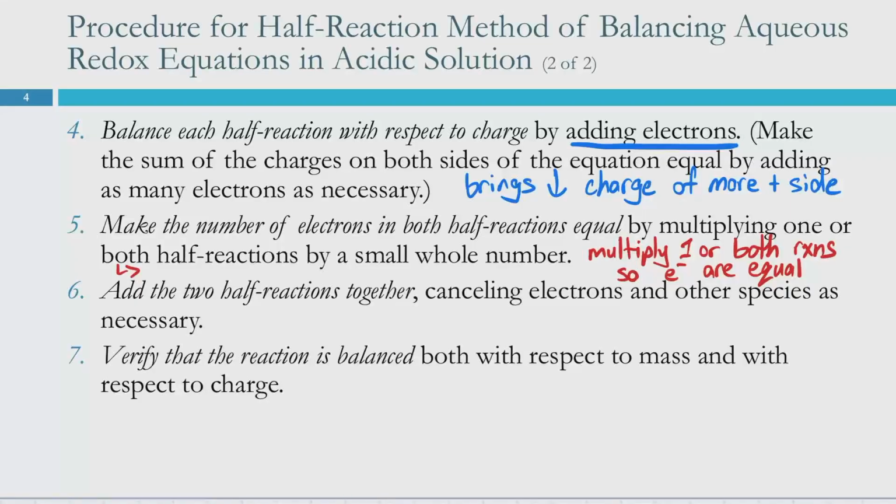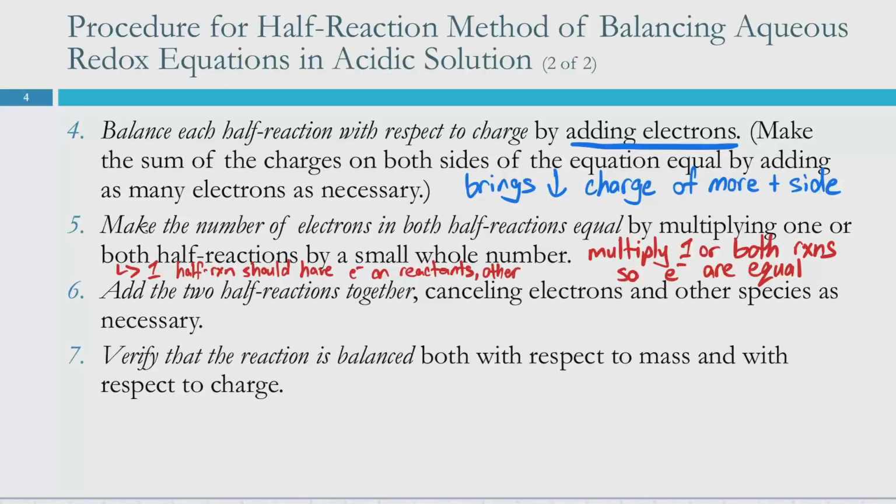One of the reactions should have electrons on the left side. The other one should have electrons on the right side. So one should have electrons on reactants.